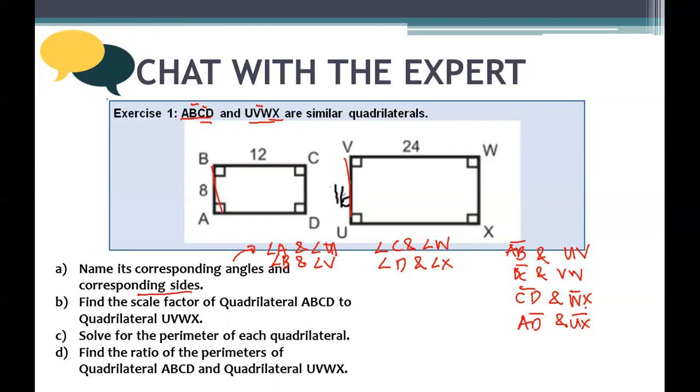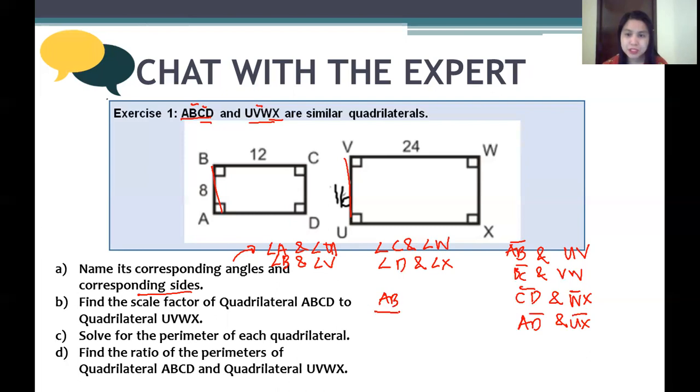So these are the corresponding sides and corresponding angles. Let's check the scale factor. You can just take one side. For example, AB is proportional to UV. AB measures 8, while UV measures 16. We'll reduce it. The scale factor is 1:2 or 1/2.